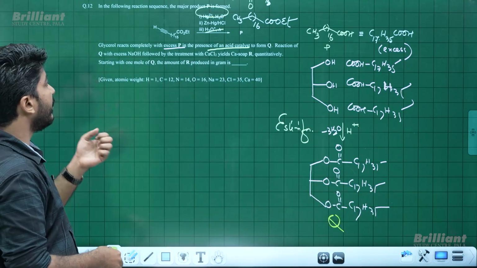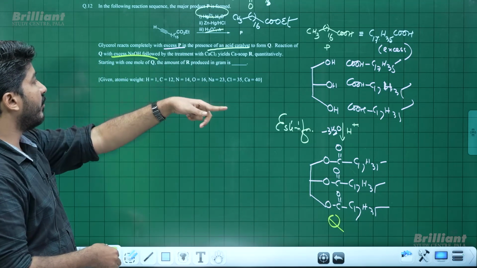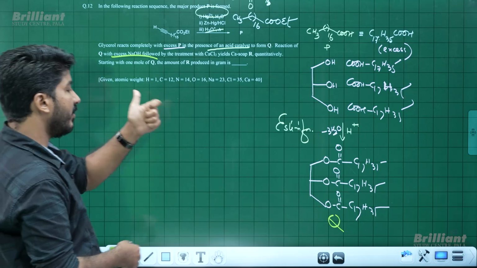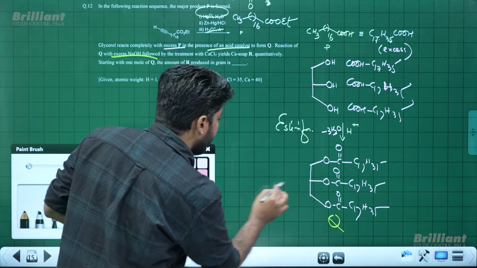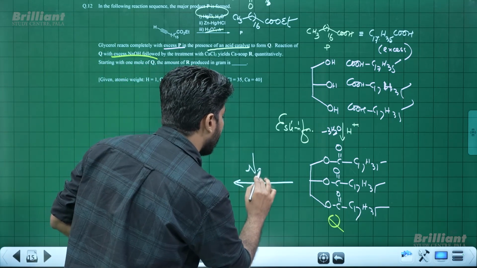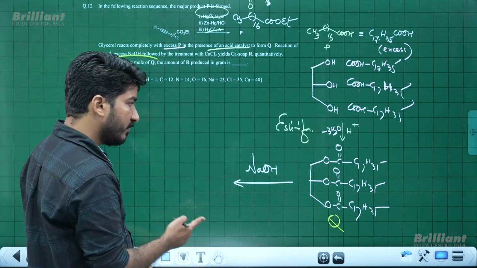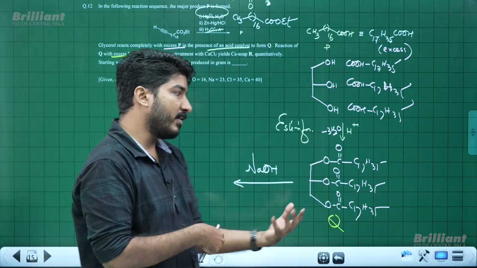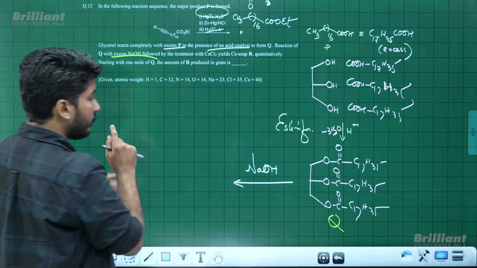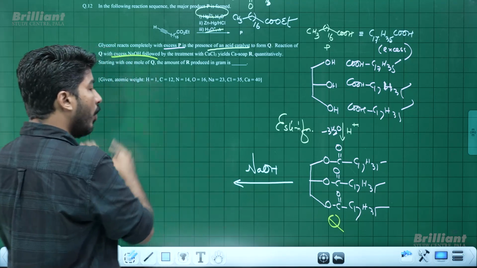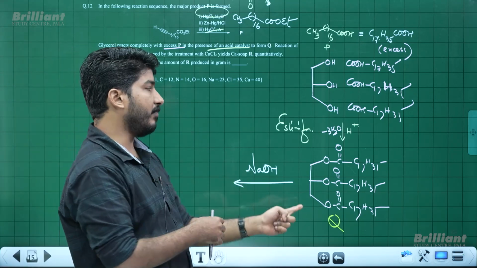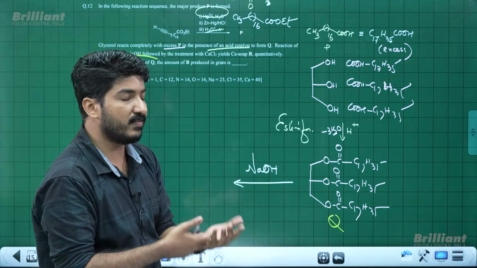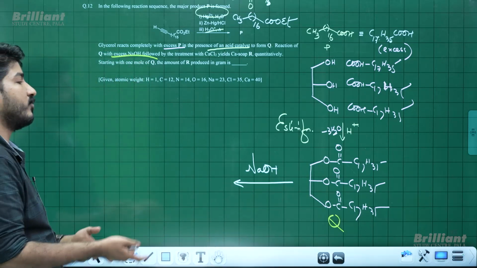So this glyceryl ester Q is then treated with excess aqueous NaOH. Let's see what is the product after treating with NaOH. This ester simply hydrolyzes back to the alcohol, and since we are using an alkaline medium, we get the carboxylate salt, which is the soap, sodium carboxylate.